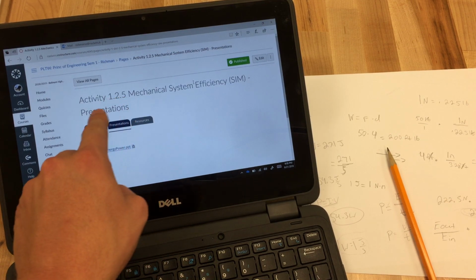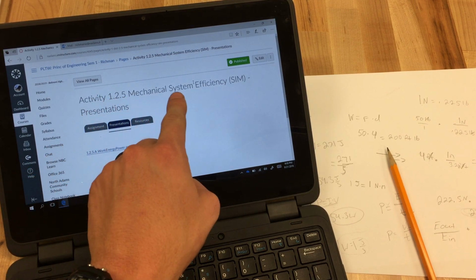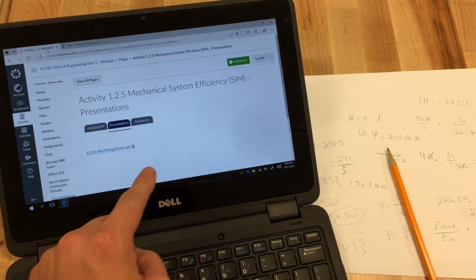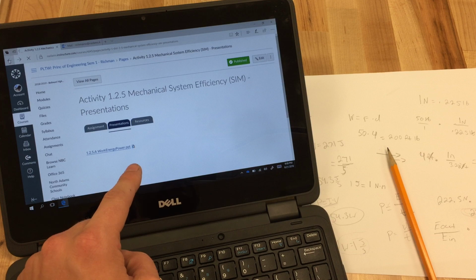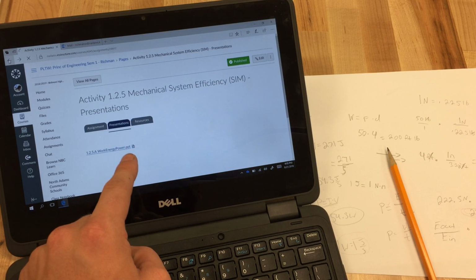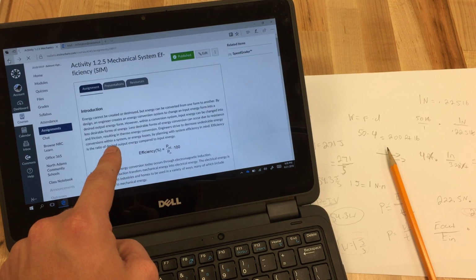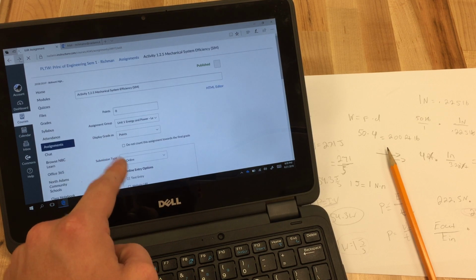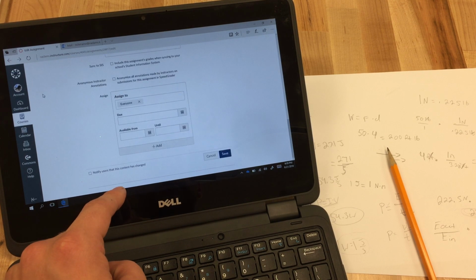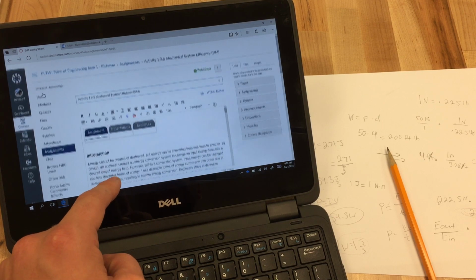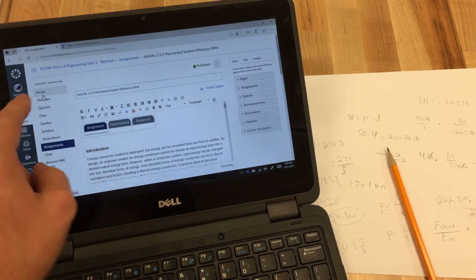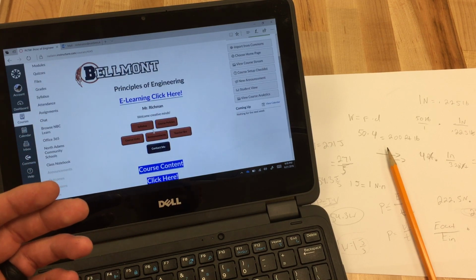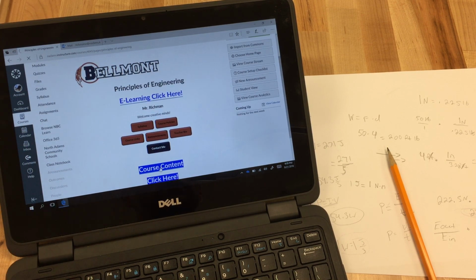Now, once again, make sure you are in activity 1.2.5 Mechanical System Efficiency, SIM. There are 2 of them. We'll go back here so you can see them. I don't want you guys to get confused. We'll go back to the home page, course content.